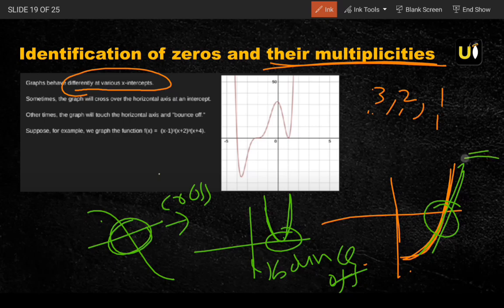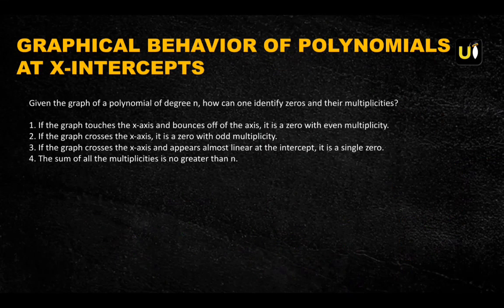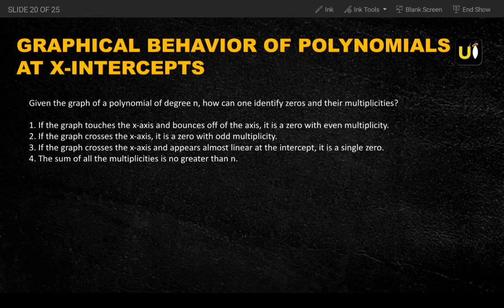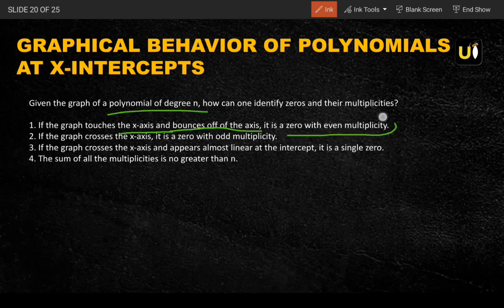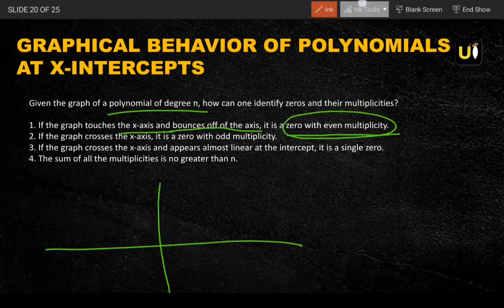Let's see here. Given a polynomial of degree n, if the graph touches the x-axis and bounces off, that means there is a 0 with even multiplicity. For example, we are given some random graph like this.